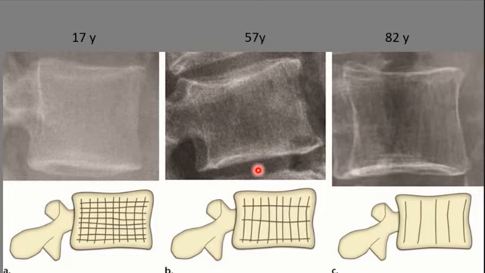These are the horizontal ones. That's why the vertical fibers appear coarse. It does not appear like that here. But when we compare with the 82-year-old, there is coarsening, and the trabeculae can be seen better.